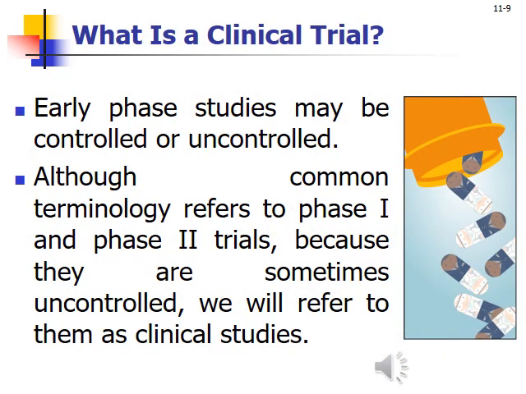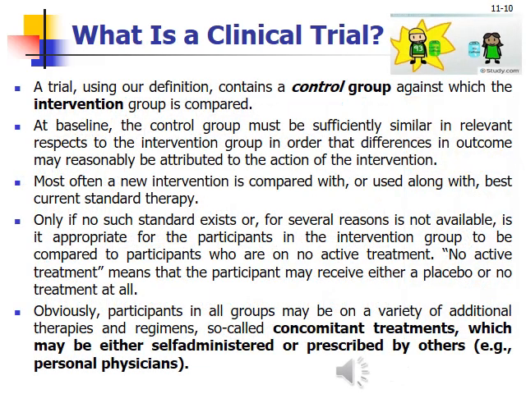Early phase studies may be controlled or uncontrolled. Although common terminology refers to phase 1 and phase 2 trials, because they are sometimes uncontrolled, we will refer to them as clinical studies. A trial, using our definition, contains a control group against which the intervention group is compared.